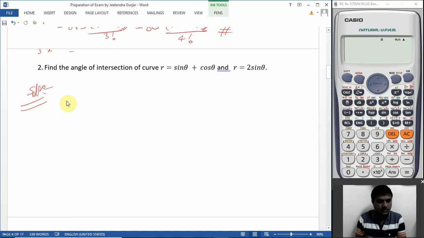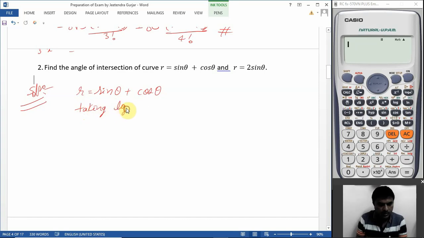First you are going to differentiate this. r is equal to sin theta plus cos theta. Just taking log on both sides, so this is going to become log r is equal to log of sin theta plus cos theta.